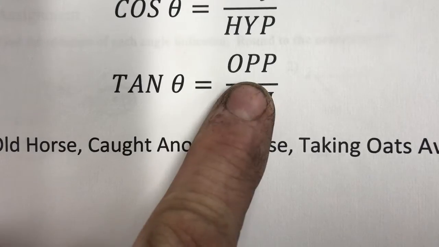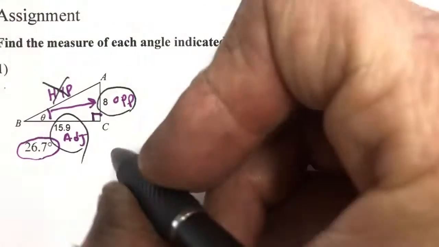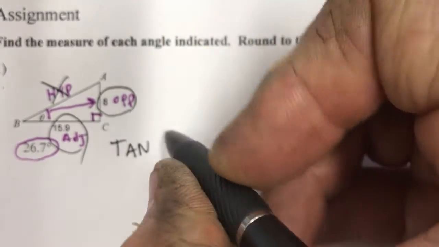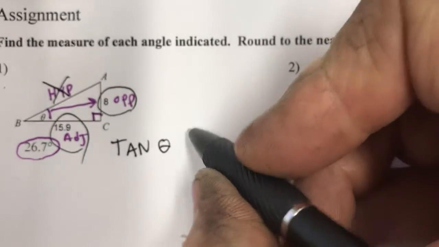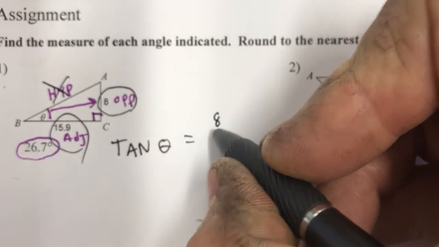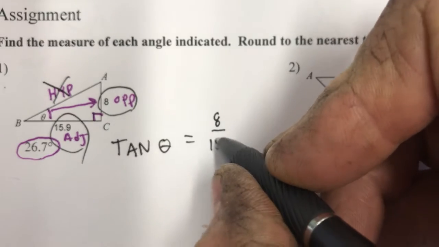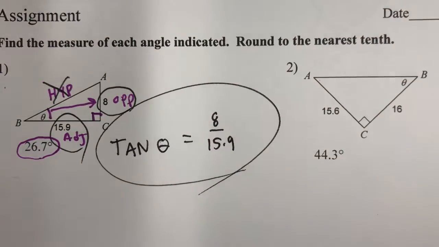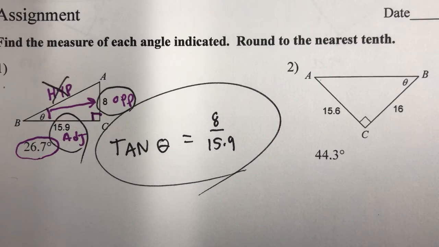Which means we're looking at tangent, opposite over adjacent. So to set this up, this is going to be a tangent of theta. We don't know the angle, but we do know the opposite, which is 8, and we know the adjacent, which is 15.9. So there's how you set it up. So to solve this, then all we got to do is tangent inverse.